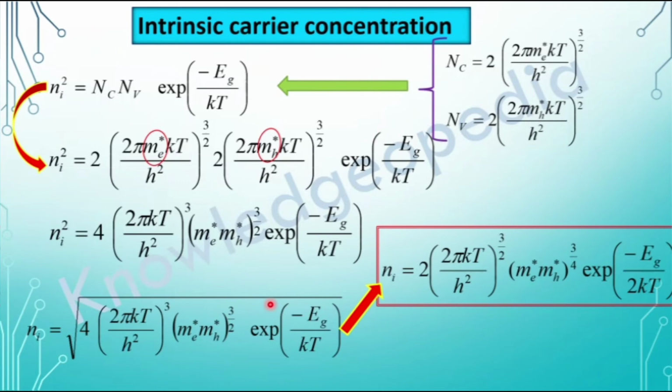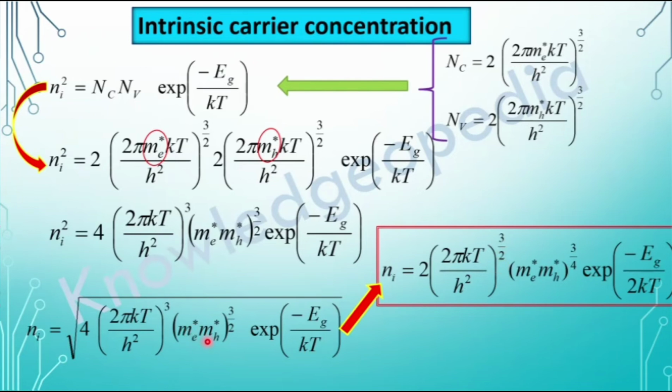So this can also be written as Ni is equals to, this square root of 4 is equals to 2. This 2 pi kt by h square whole to the power 3, that square root will give me 2 pi kt by h square whole to the power 3 by 2.